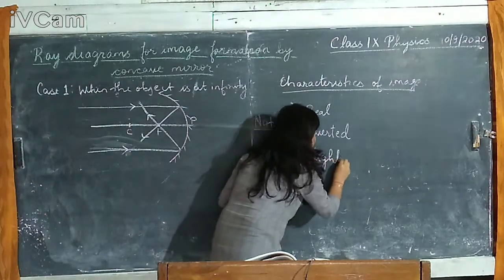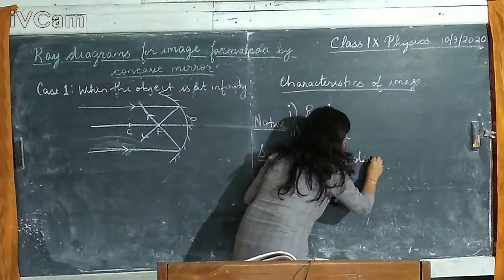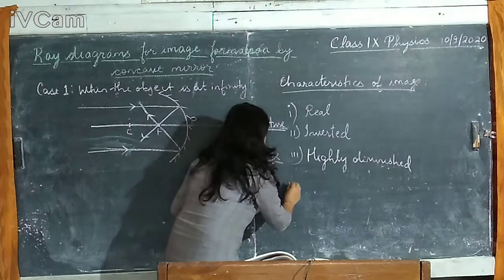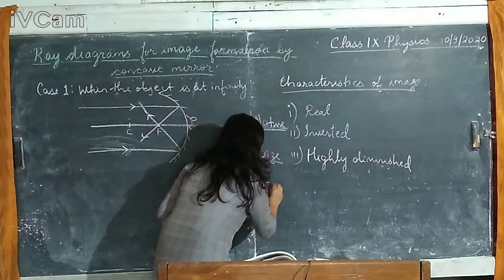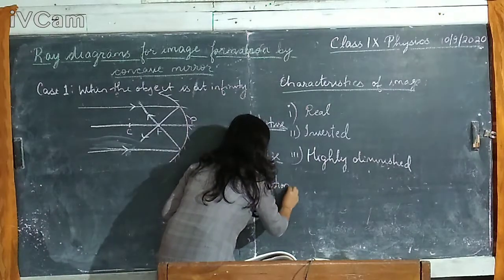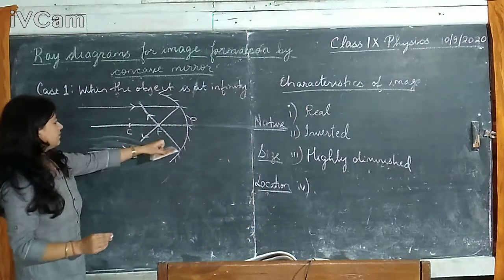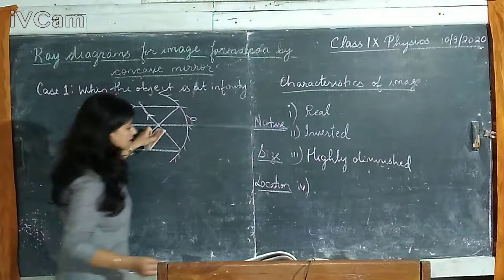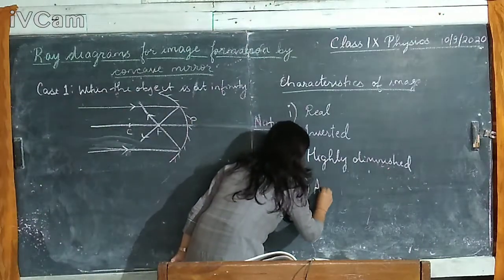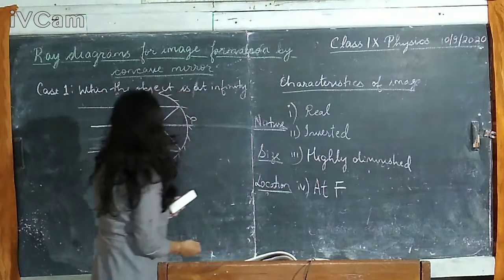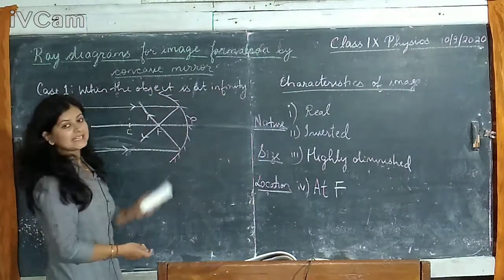So it has been highly diminished. Alright, and the fourth one talks about the location where the image is formed. If you look at the diagram, the image is formed exactly at the focus. So the image is formed at the principal focus F. So this is how the image is formed when the object is kept at infinity.